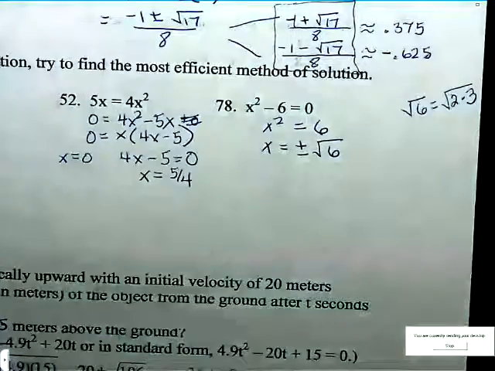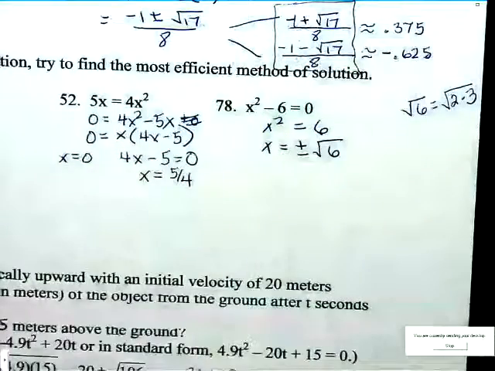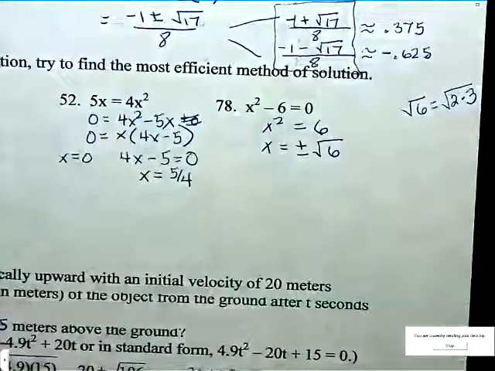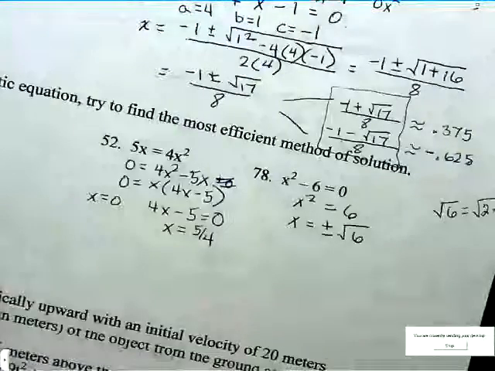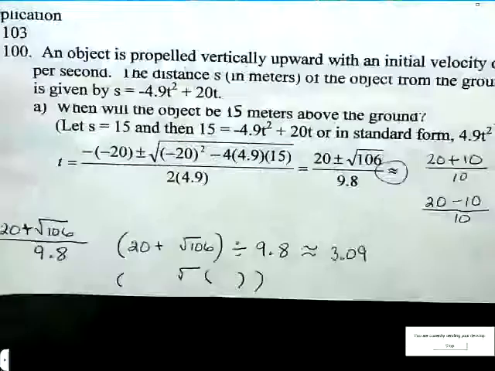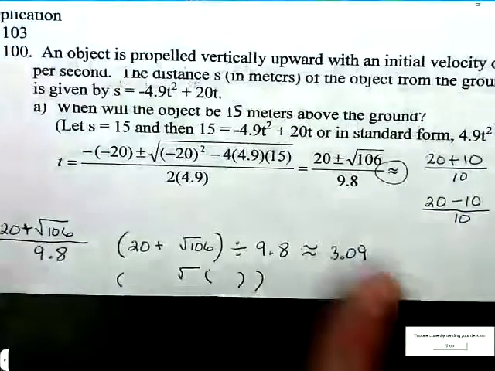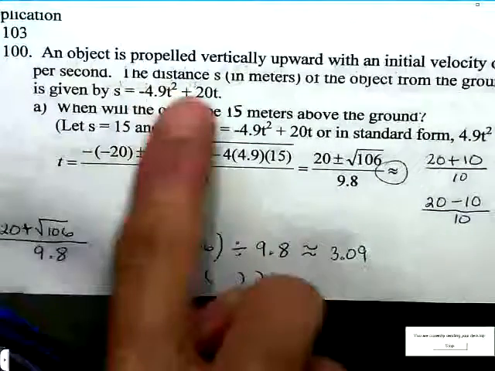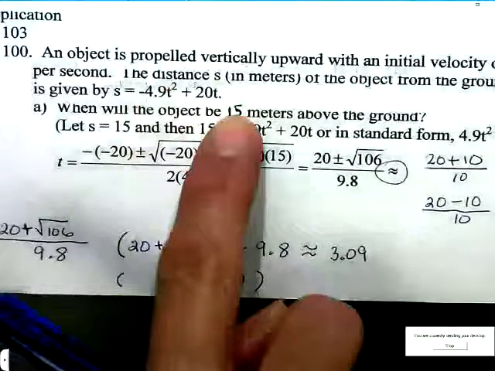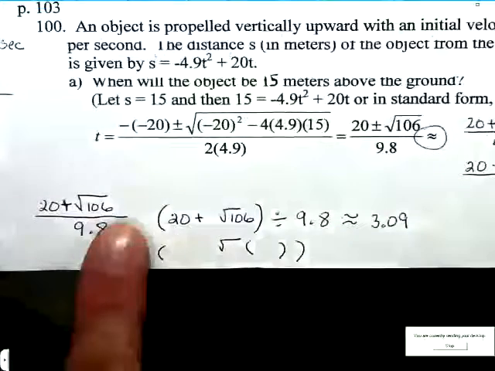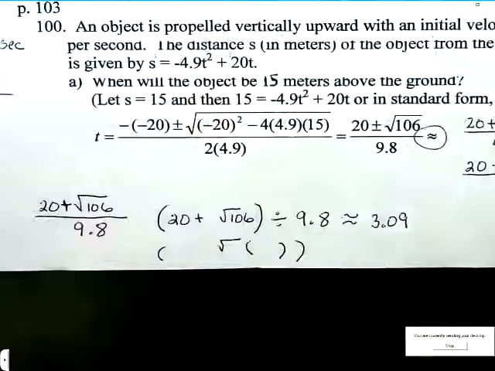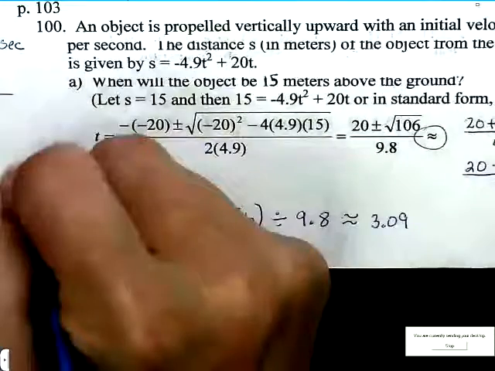Yeah, you were talking about earlier, it's all about checking. To check your answer, it would definitely be easier to substitute 3.09 in place of these t's than it would be this. But still, it just depends on what the person asking the question wants. If they want the exact answer, you give them this.